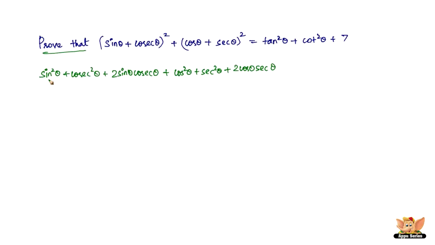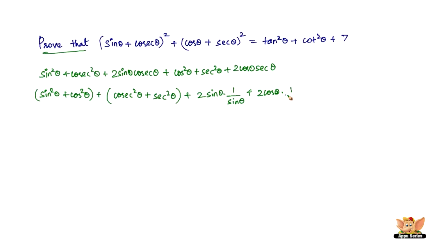The first thing that we can group is sine square theta plus cos square theta, because that's going to be 1. Then we can group cosecant square theta plus secant square theta, and we have 2 times sine theta cosecant theta. You know that sine theta is the reciprocal of cosecant theta, so you can write it as 2 times sine theta into 1 divided by sine theta, because cosecant theta is 1 by sine theta, plus 2 cos theta times secant theta, again, secant theta is nothing but 1 by cos theta.